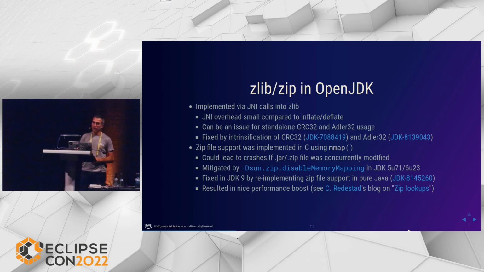This not only made the implementation more stable, but it also resulted in a nice performance boost because you saved a lot of the JNI calls. And there is a nice blog post from Claes Redestad from Oracle about the work that was done there, with some benchmarks and performance improvements.